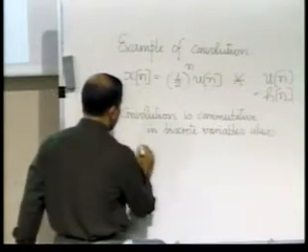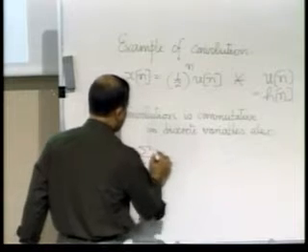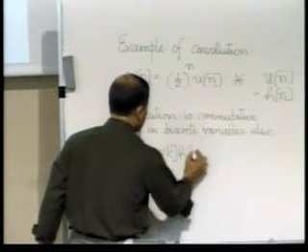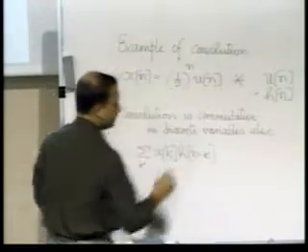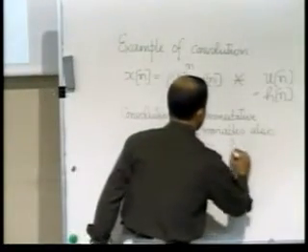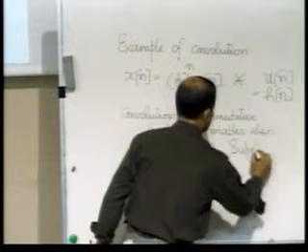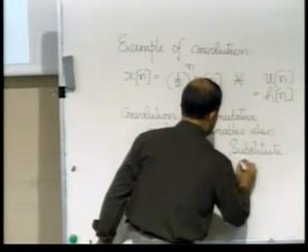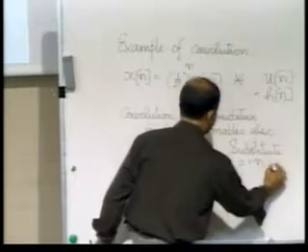The argument was that if you look at the summation xk hn minus k, then we can make the substitution of variable p is equal to n minus k.